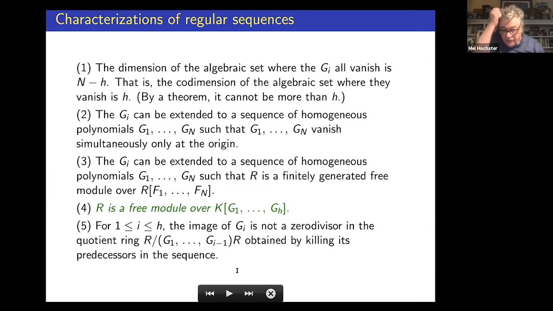So I mentioned condition 5 just to make the connection with the standard definition, but I'm not going to use it for anything. In fact, really the only thing I want to use from now on about regular sequences is pretty much condition 4, that this fact that R is free over the polynomial ring in the G's means that the transition is very good between them as far as syzygies go.